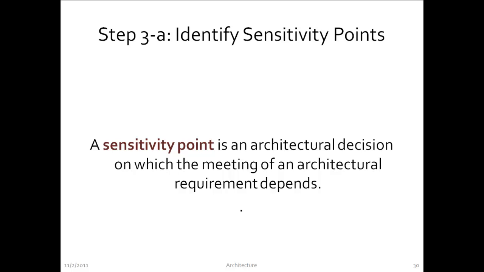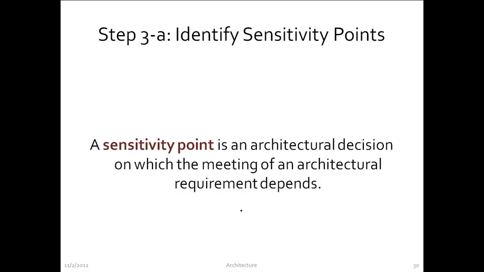So the idea is to basically identify in the architecture three kinds of things: sensitivity points, trade-off points, and risk points. So sensitivity points are the components of the architecture that are important to meeting a particular set of requirements.